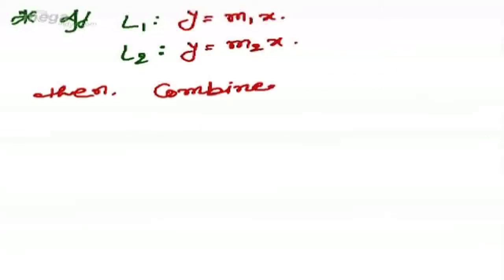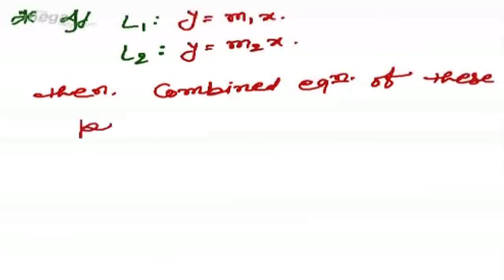Now student, if the equation of line 1 is y is equal to m1x and the equation of line 2 is y is equal to m2x, then what will be the combined equation of these pair of straight lines?